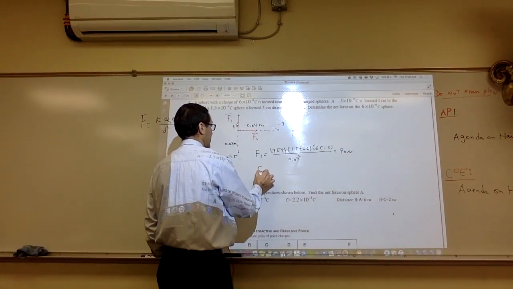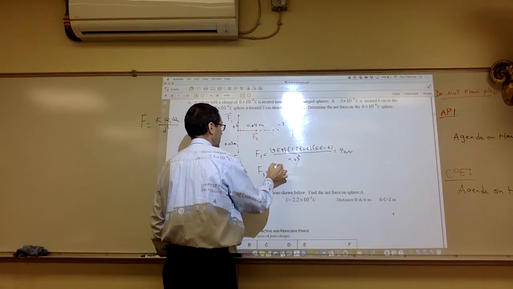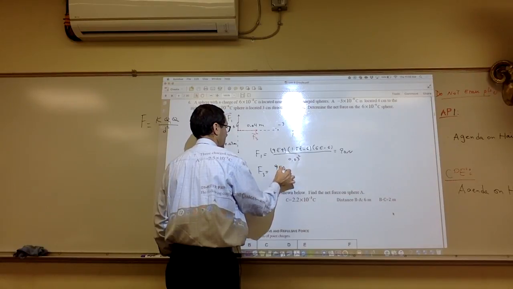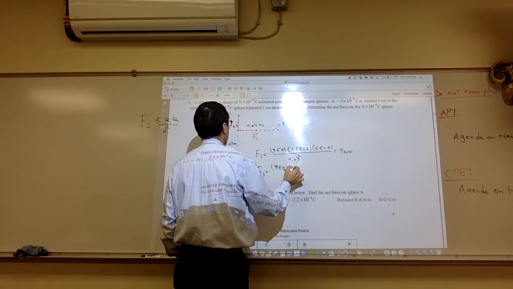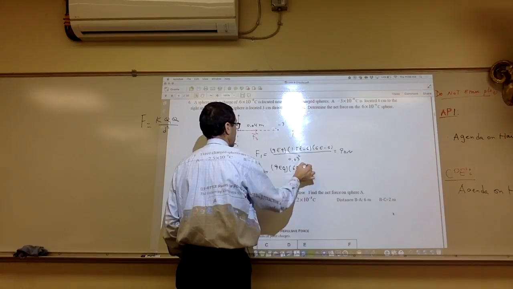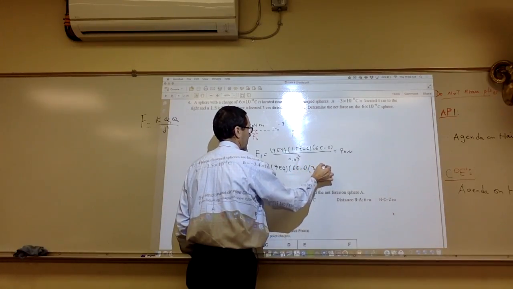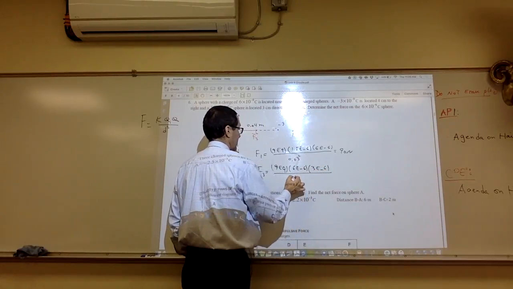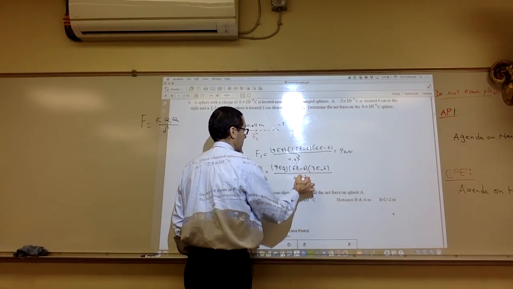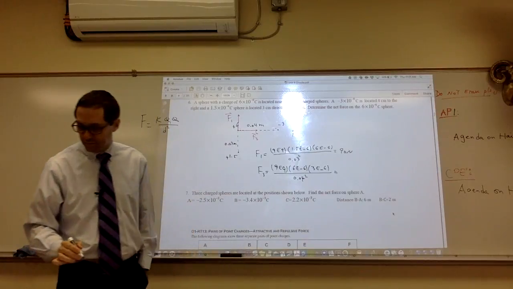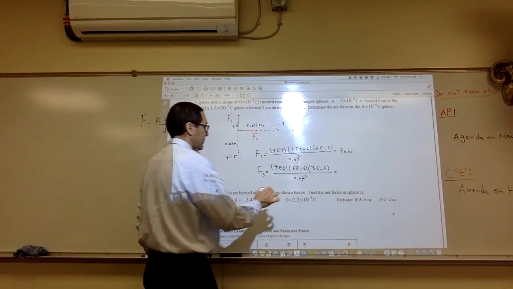The other force, F3, is 9 times 10 to the 9th times 6 times 10 to the negative 6 times 3 times 10 to the negative 6 over 0.04 squared, and that should give us 101.25.